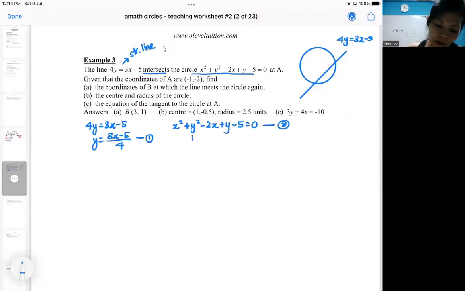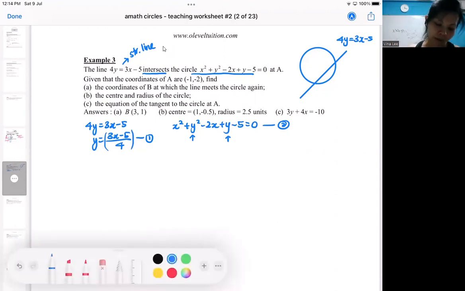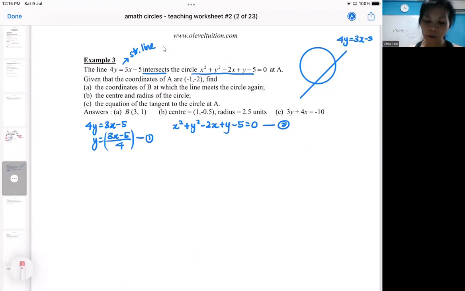That means all the Y will be changed to this fraction. So how well you get, how smoothly you manage that is your algebra skills in Sec 2.